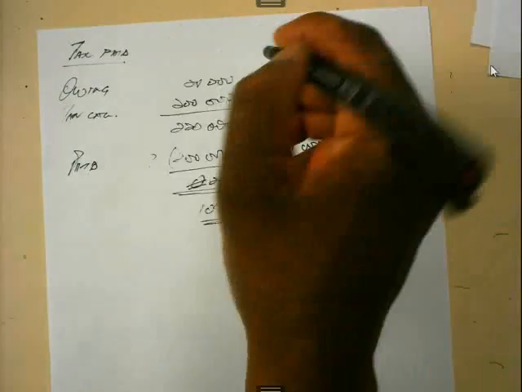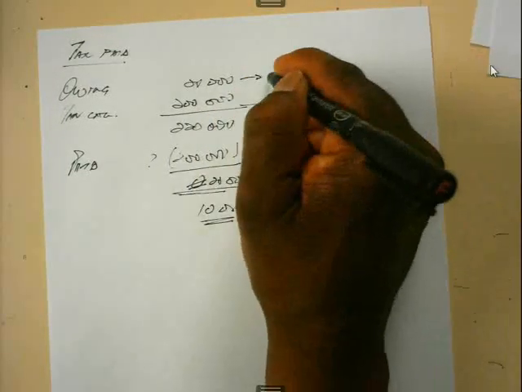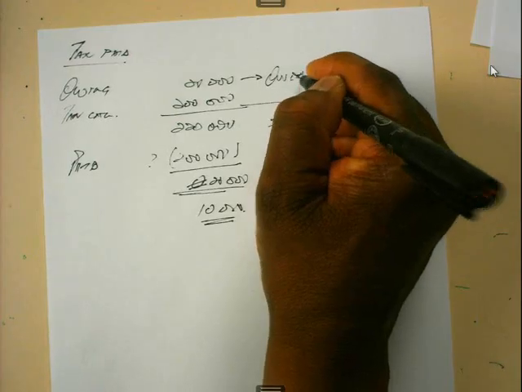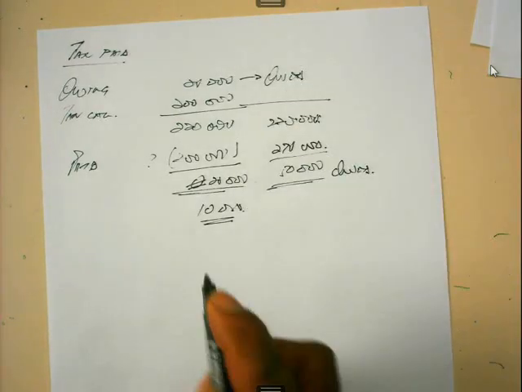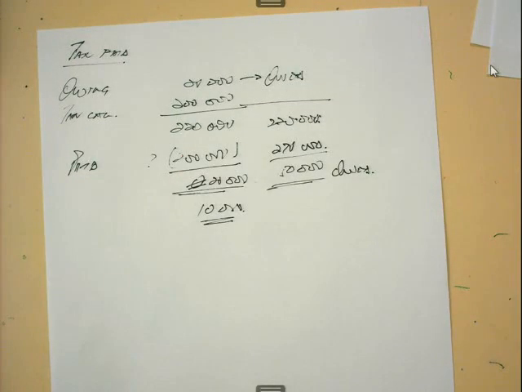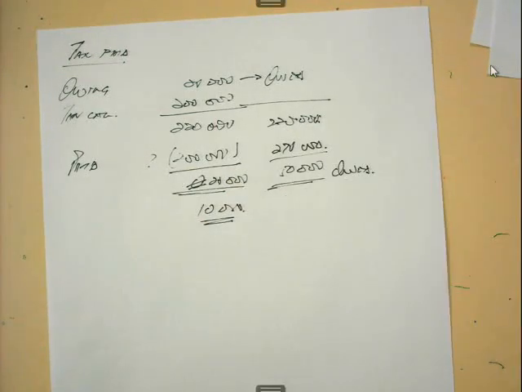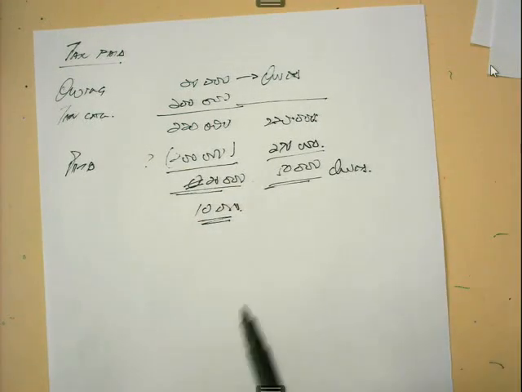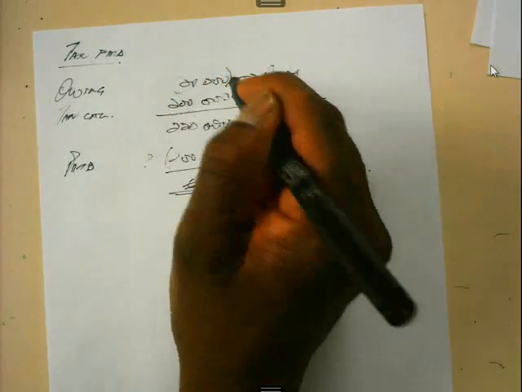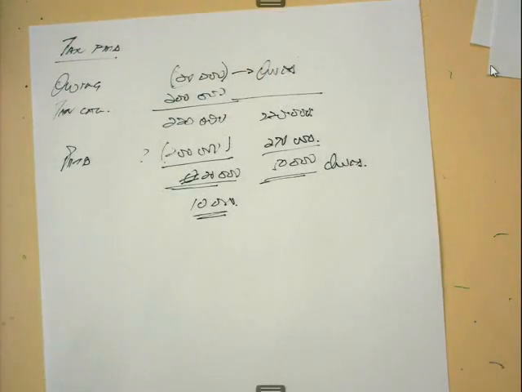So let us change the situation. Say at the beginning of the year, SARS owes you 20,000 rands, and the tax calculation is 200,000 rands. If you are to settle your debt with SARS, how much are you supposed to pay? You only need to pay the difference between what SARS owes you and what you owe SARS.